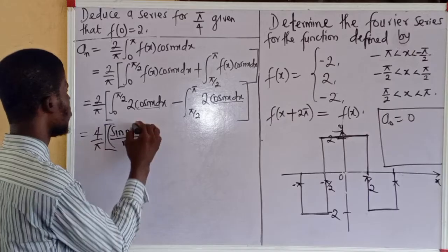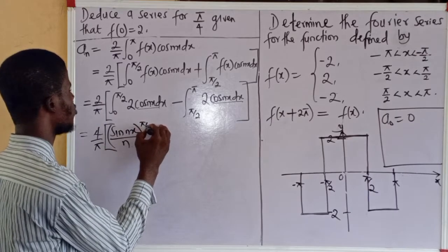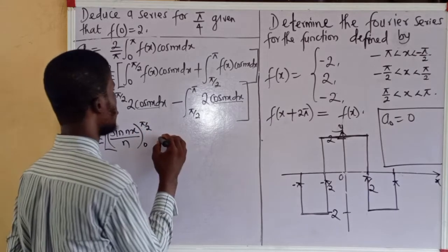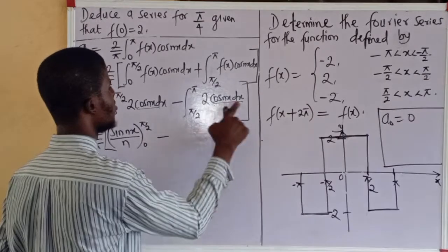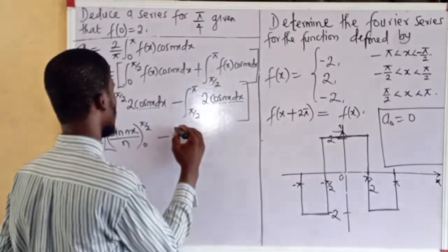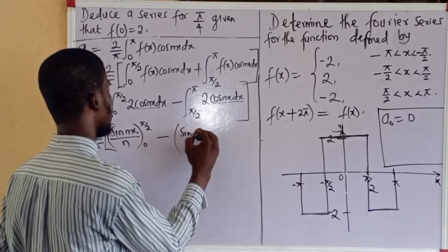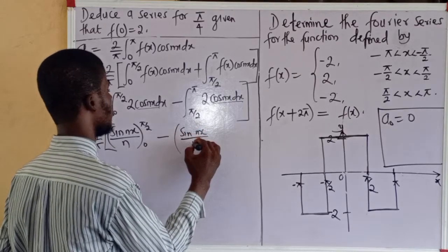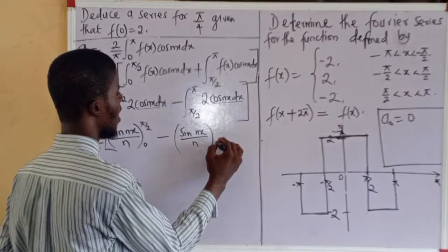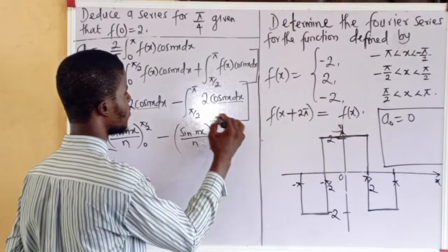The integration is from 0 to pi over 2, minus the same thing here, sine nx over n, but from pi over 2 to pi.